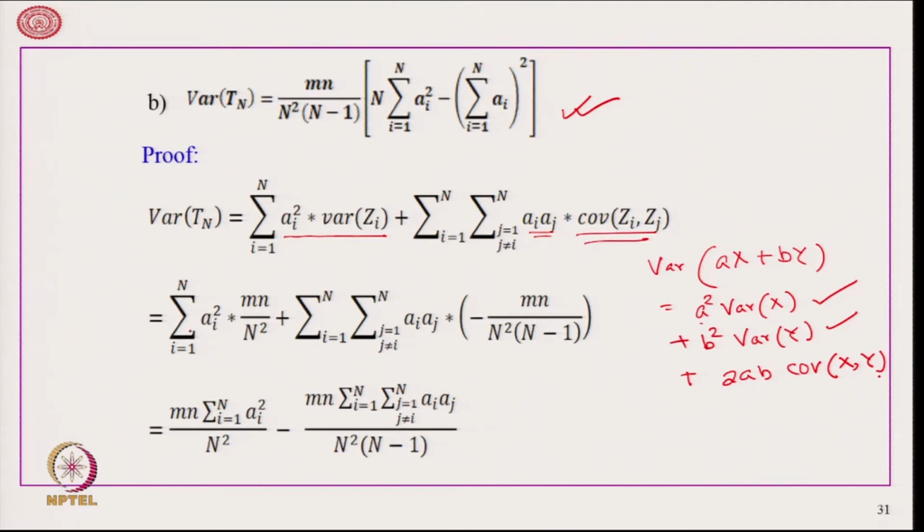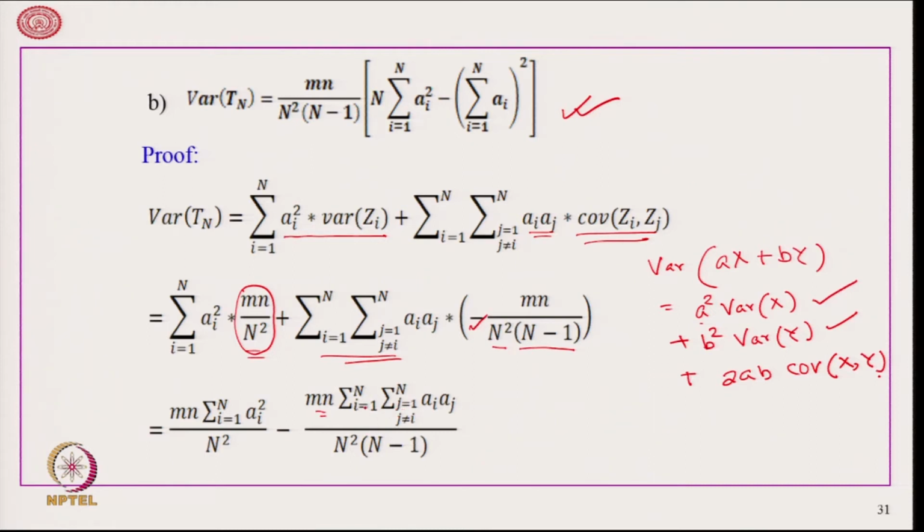This is equal to Σ a_i square multiplied by m n upon N square. This we have already found, that the variance of z_i is equal to this, plus the double summation a_i a_j multiplied by minus m n upon N square into (N − 1). This we have already found out. Therefore, this is coming out to be m n upon N square Σ a_i square minus m n upon N square into (N − 1) comes out of the summation.